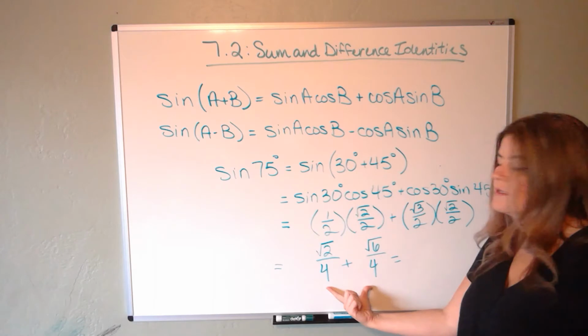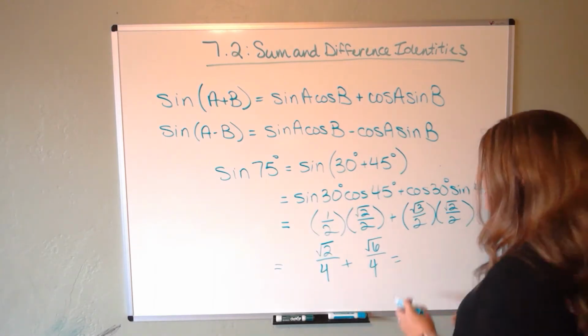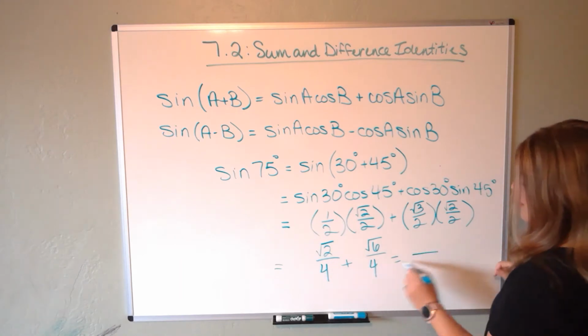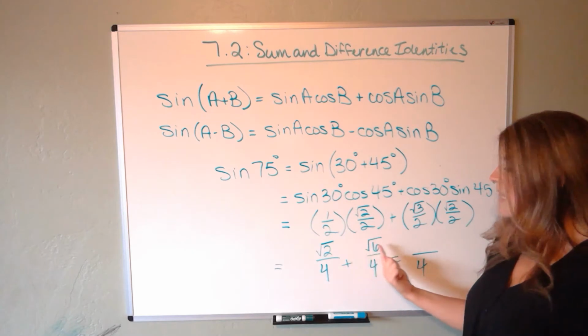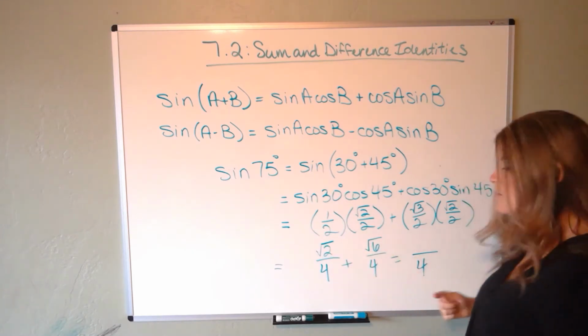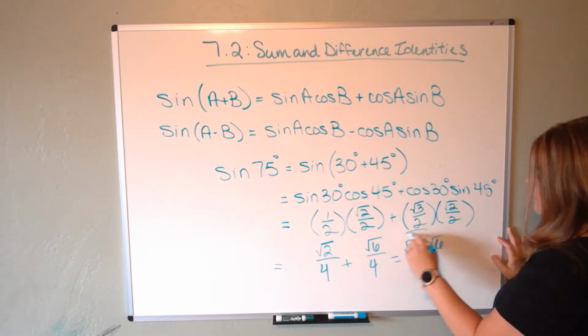These both have 4s on the bottom, so let's go ahead and put these two fractions together. When I'm adding fractions, I know that it's going to be a single fraction with the 4 on the bottom. I can't add roots together, so I just have to write this as root 2 plus root 6 over 4.